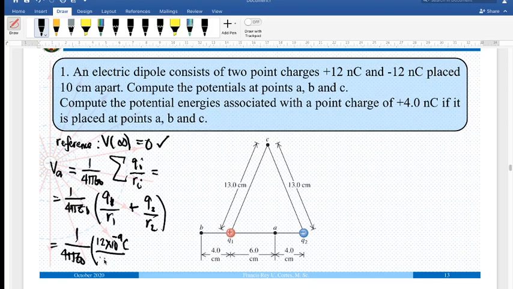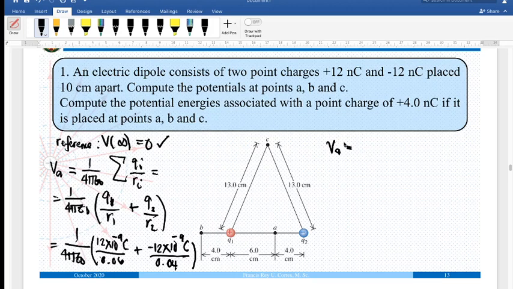Okay, so we are done. So that is 0.06 plus negative 12 times 10 to the negative 9 coulomb divided by 0.04. So we have to calculate VA. The 1 over 4 pi epsilon sub naught is just 9 times 10 to the 9.